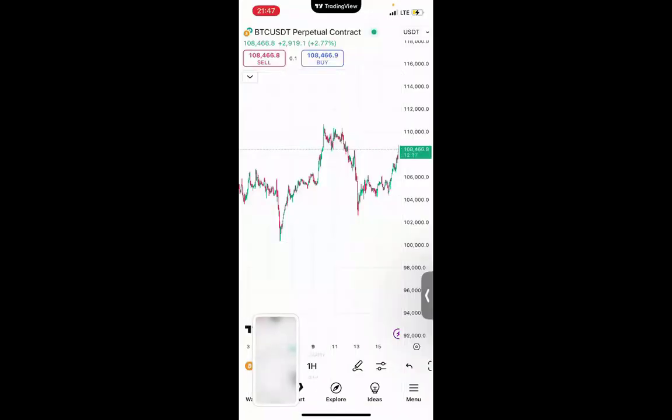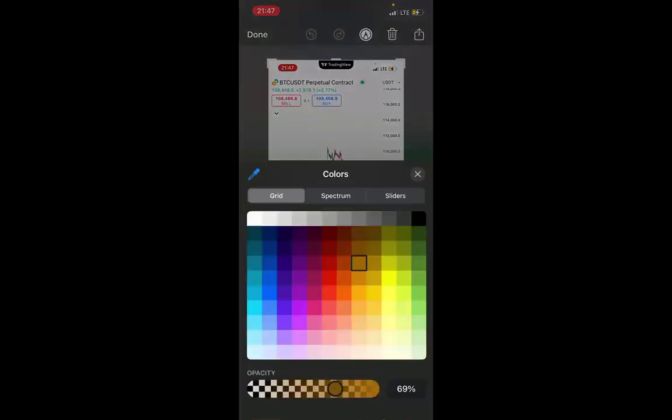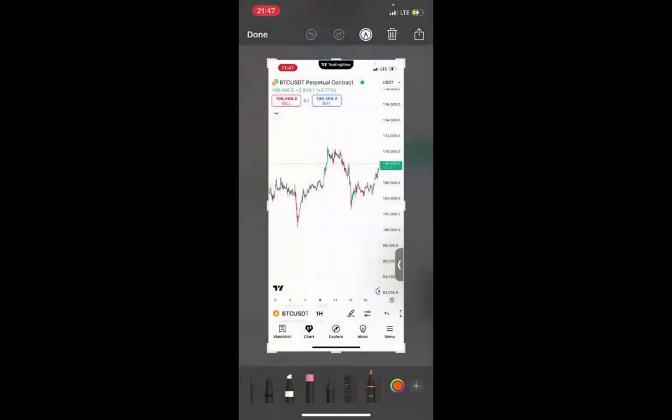As you can see from here, it's showing the market price, which is the current price of BTC. You will see there is this 108,448 for the BTC price, and then you also see these candles that I told you about before.